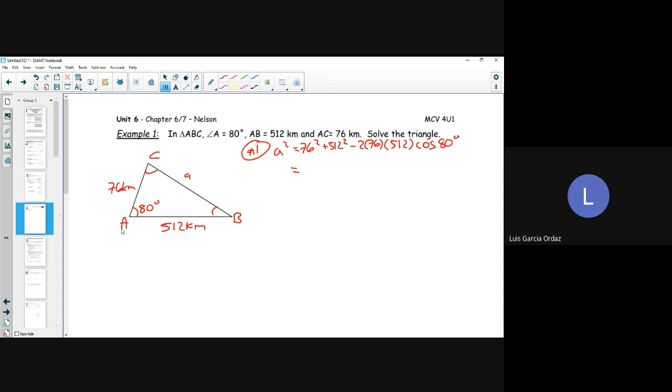Who can compute the right side without square rooting it? What would my result be? This is all in degrees.